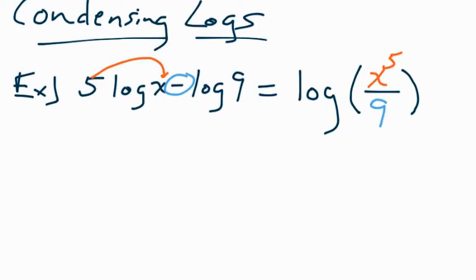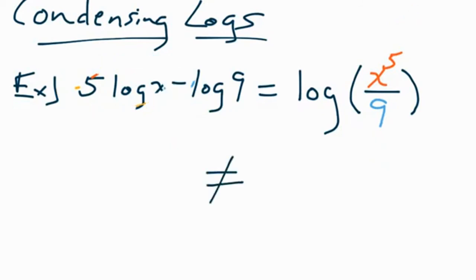Well, here's the answer. Whatever's being subtracted is always going to end up in the denominator. And whatever's positive, see, technically this front coefficient right here was a positive 5. So whatever's positive is always going to end up in the numerator.